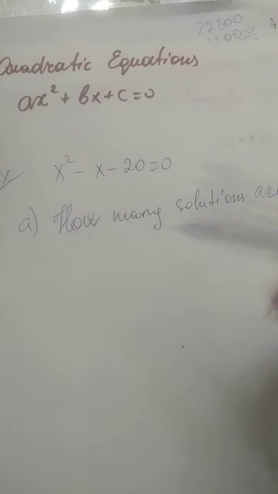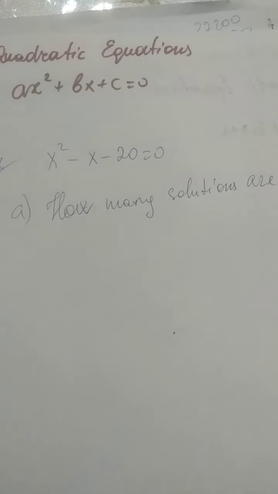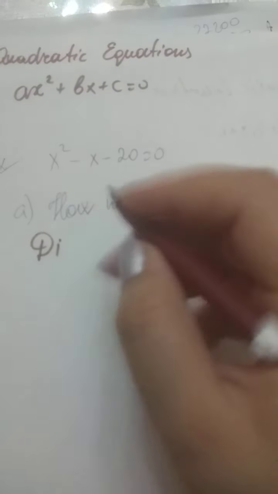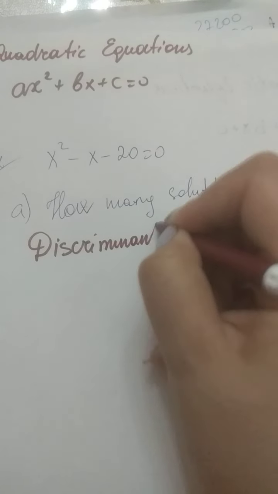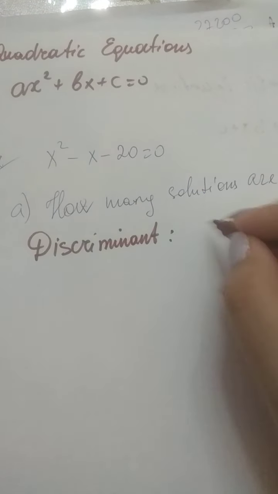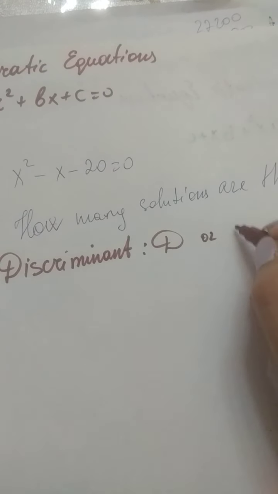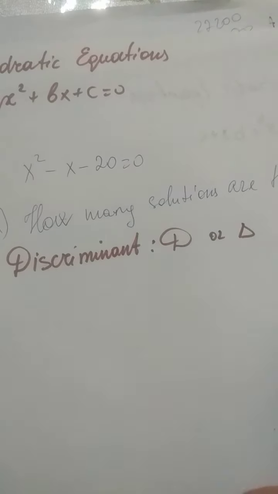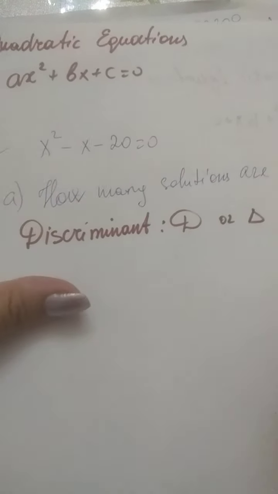depends on D. Okay, what's the meaning of D? D is discriminant. Let me write here, discriminant method. Discriminant method means D, they just denote it with D, or you can see discriminant written like this, delta. Both of them mean discriminant.